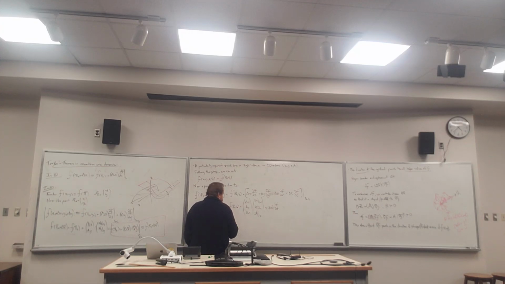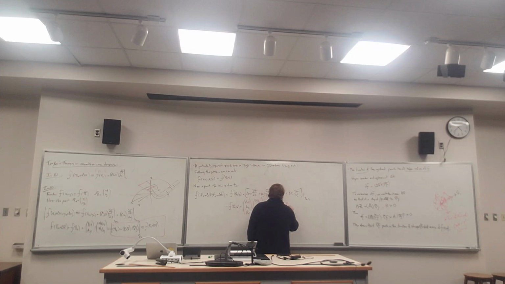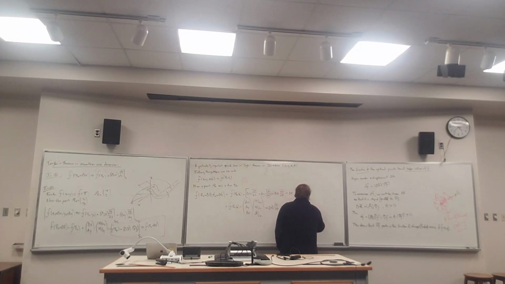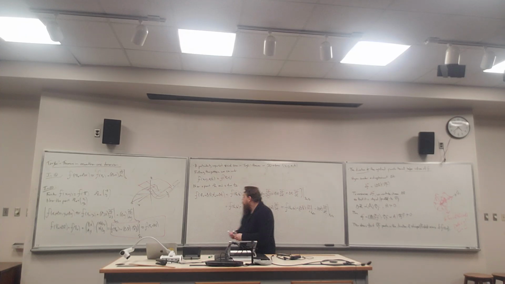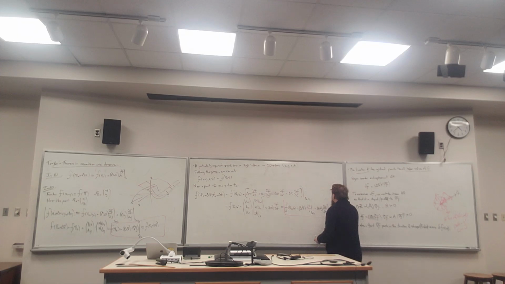And then we can write this in our last step as f of x naught, t naught plus delta x dotted with the gradient of f evaluated at x naught and t naught, plus delta t times the partial time derivative evaluated at x naught, t naught. Okay, and so this is now our full version of Taylor's theorem, 3 spatial dimensions plus time.